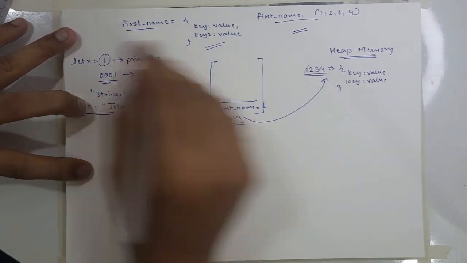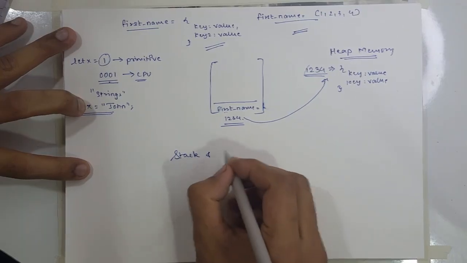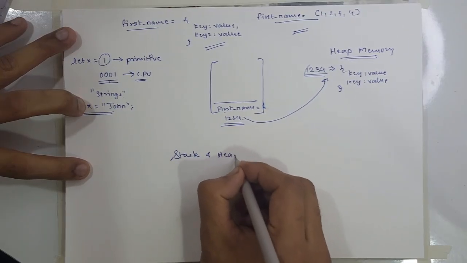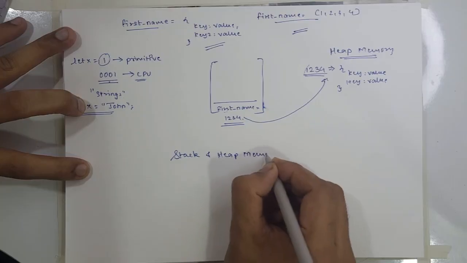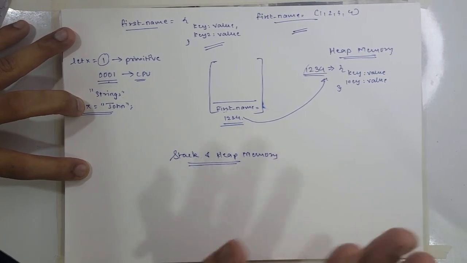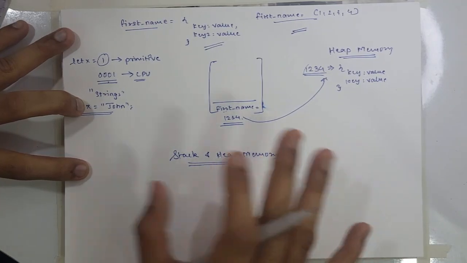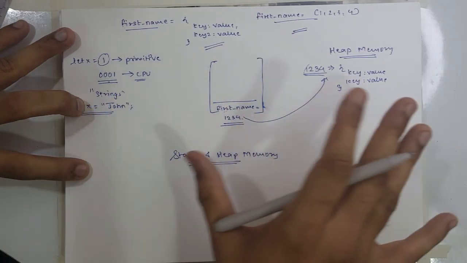So this is a simple explanation of what a stack is and what heap memory is. And this will be very handy when we talk about closures and how closures work, because without this you won't understand closures.